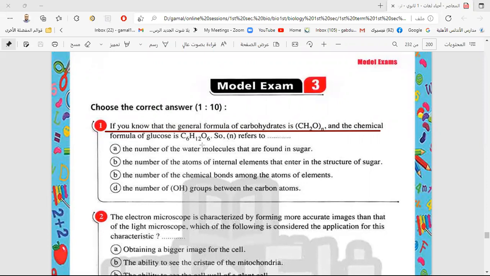I think it's B. B, the number of atoms, very good. The number of atoms of the internal elements, because we have 6 carbon and 6 oxygen, and H has 2 multiplied by 6, so the number of atoms is correct. So this is a correct answer. Thank you, Neema.